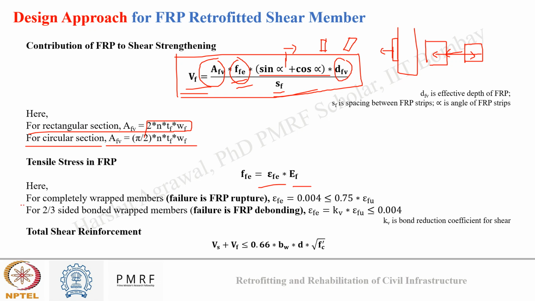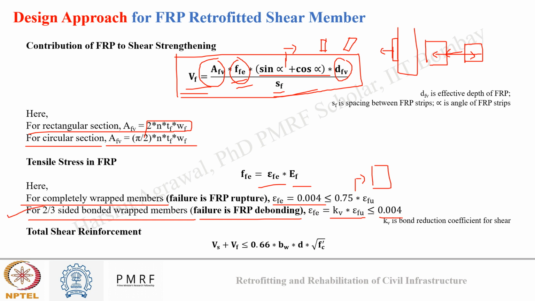In the case of a completely wrapped member, my strain in FRP is given by 0.004, and it should be less than 0.07 times epsilon FU, so that there is no rupture in the FRP strip. For two-sided or three-sided bonded FRP, the failure is generally FRP debonding, and it is given by kV times epsilon FU, and it should be less than 0.004 since there is debonding happening in this case.